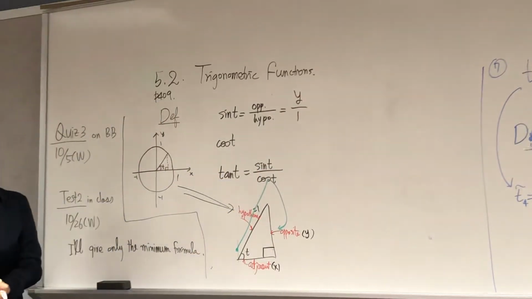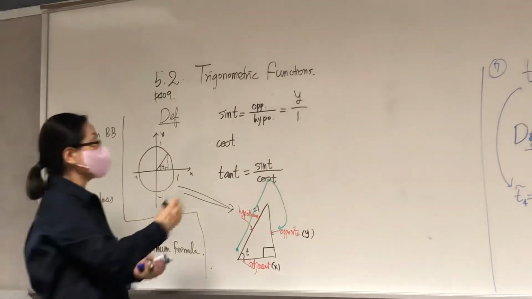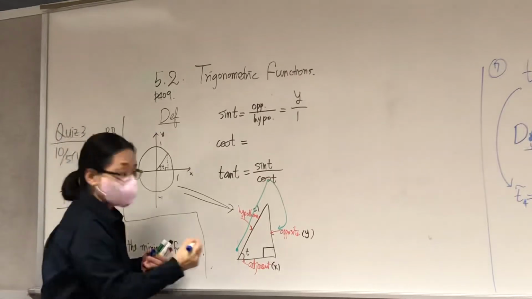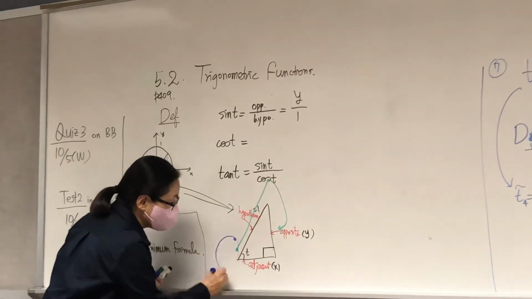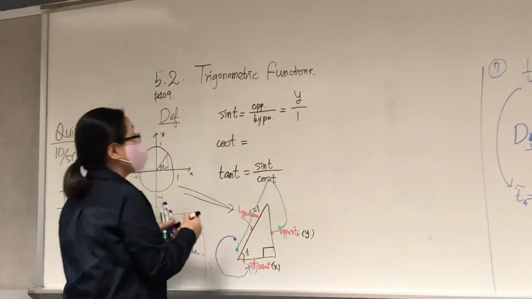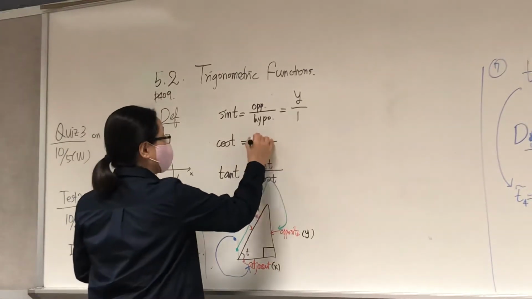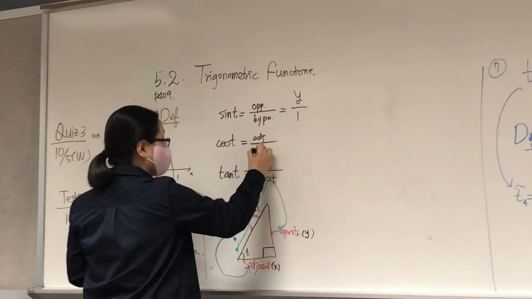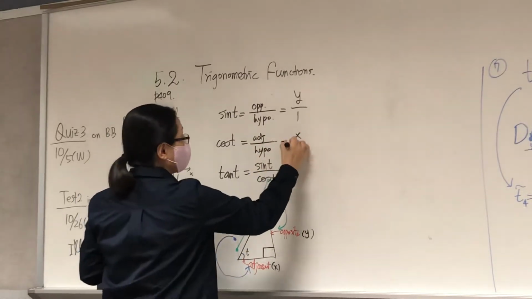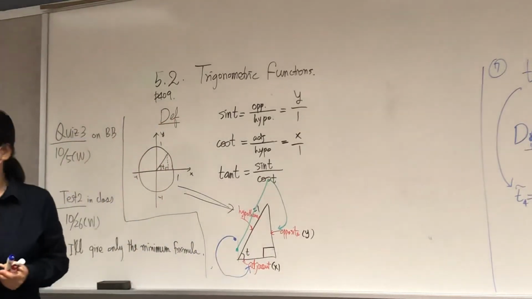Everybody follow me? Okay, same thing. Cosine means, see my picture, adjacent over hypotenuse. So it is x over 1, am I right?